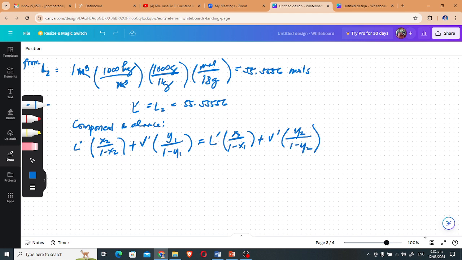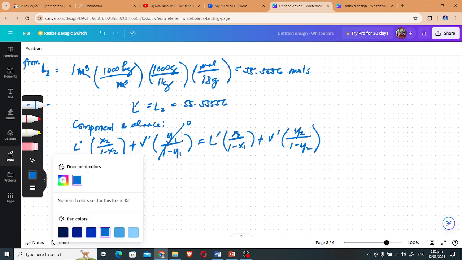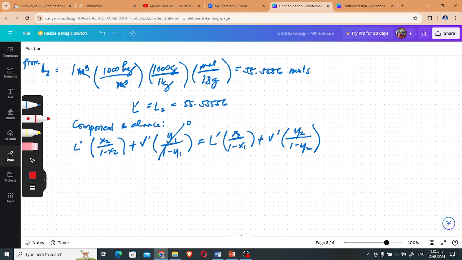Now, since our solvent here, which is air, does not contain the benzene, automatically this part is 0. If you notice in here, we already have x2 and we have x1. The remaining part that we need to determine is this, the y2.